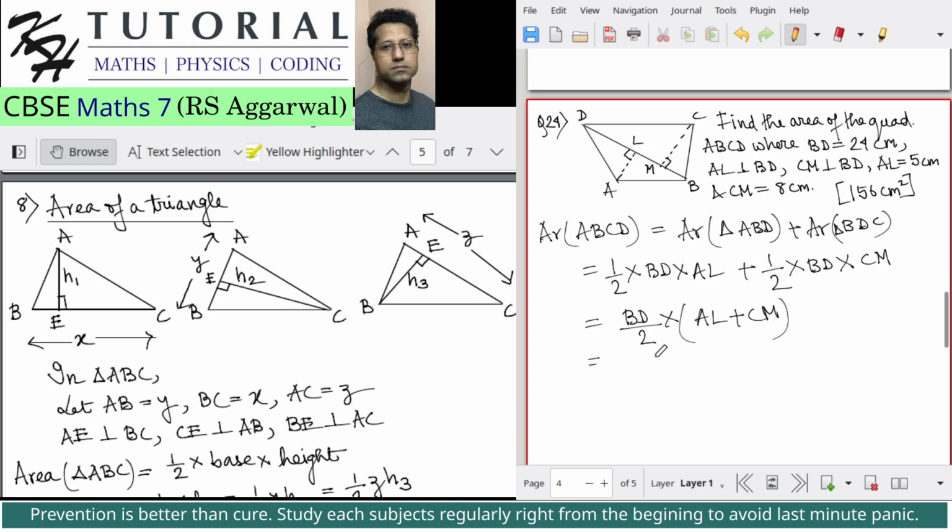BD is given to be 24 by 2 multiplied by AL and CM, which are 5 plus 8, this much centimeter square. This is equal to 12 multiplied by 13 centimeter square, and this is equal to 156 centimeter square.